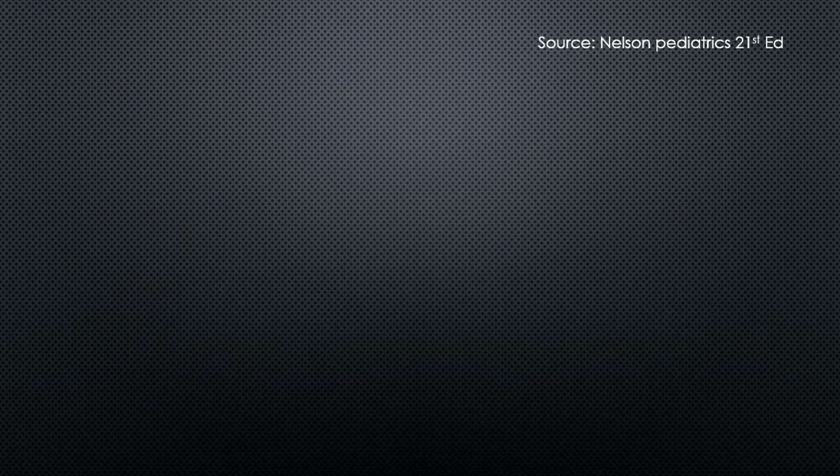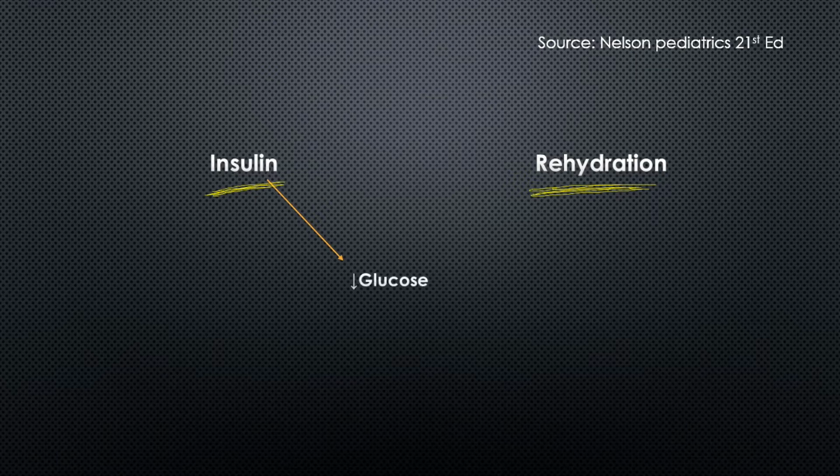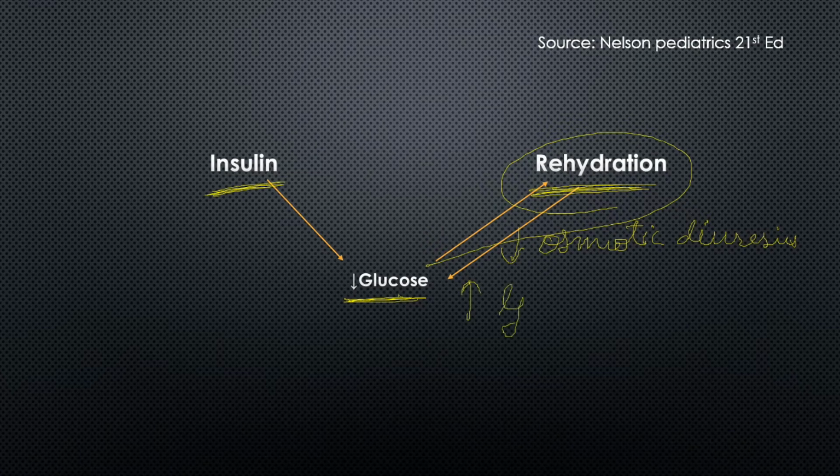Coming to the two main components, insulin and rehydration. Insulin causes decrease in glucose levels, which ultimately helps in rehydration. This is done by decrease in osmotic diuresis. Rehydration ultimately causes decrease in glucose levels by increase in GFR, therefore leading to excretion of glucose in urine.